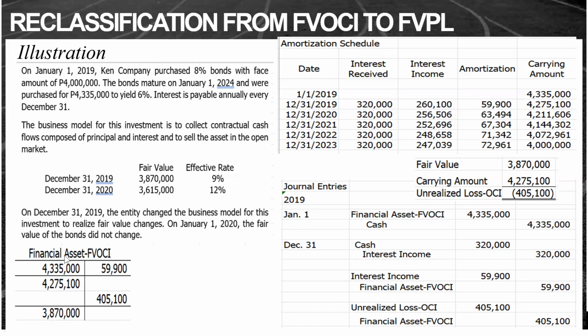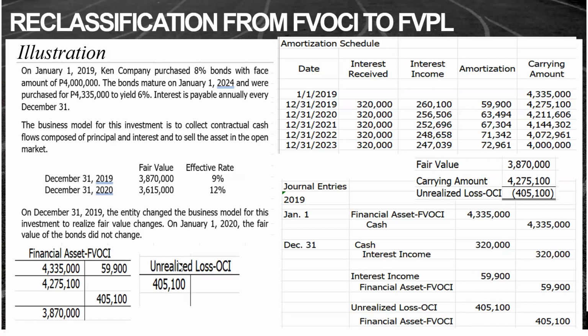So this is what our financial asset FVOCI will look like after the recognition of our unrealized loss. Our balance as of December 31, 2019 is now equivalent to the fair value of 3,870,000.